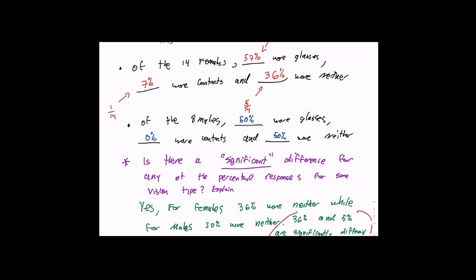What happens if you chose the 57% and 50%? They're closer. Yeah, close. So if you said yes and you tried to argue for the glasses part, in this instance I would say no. 50% and 57% are not that drastically different. You should always pick the biggest difference.